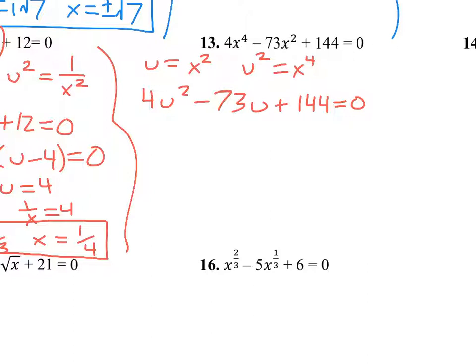Okay, those are really big numbers. And if we're doing the x factor, we're trying to come up with two numbers that multiply to 576, but they add up to negative 73. So we know it has to be two negatives.